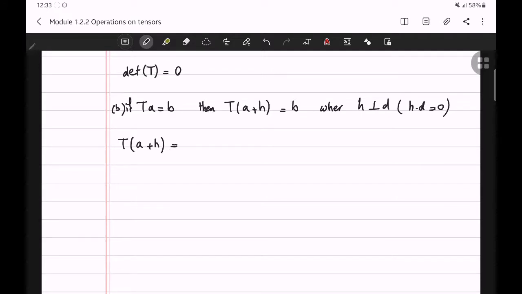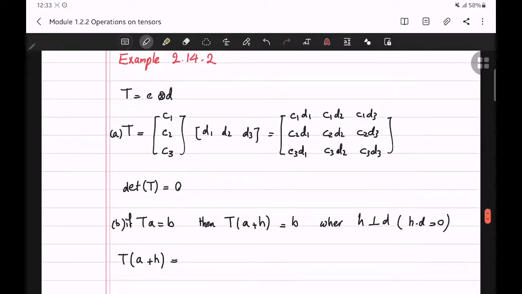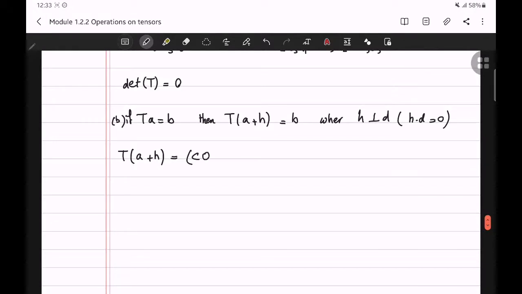We also assume, as it is stated, that T is the dyadic product of C and D. So say C dyad D, A plus h here.